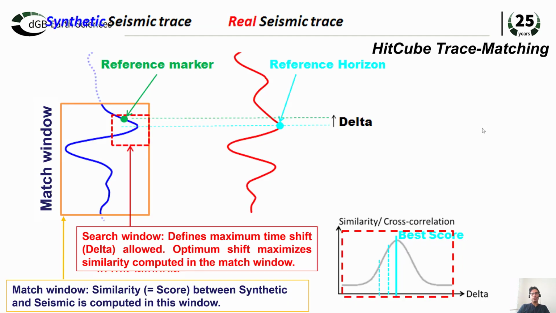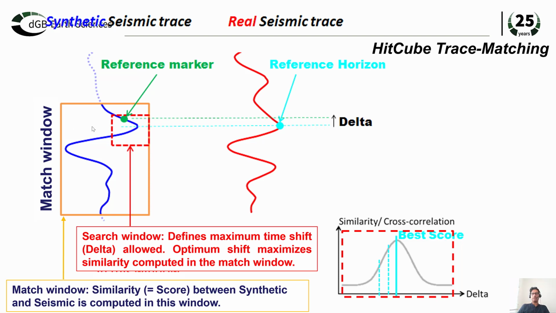that can be input to a process like HitCube trace matching inversion, where we simply take the synthetic traces from each of the simulated one-dimensional pseudo-well models and match them with a real seismic trace in a match window, which is typically around your reservoir.